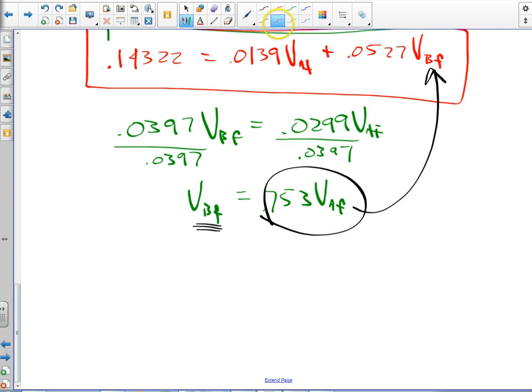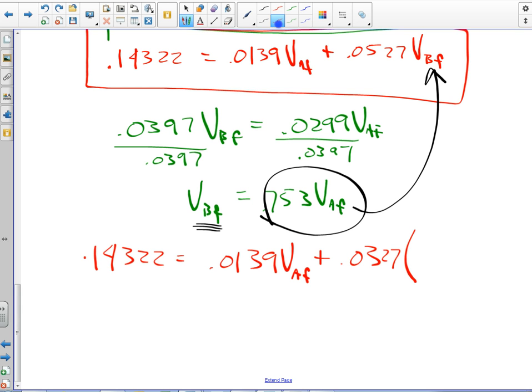So I'll have 0.14322 equals 0.0139 VA final plus 0.0327 times 0.753 VA final. So I just plugged in, since VB final was equal to this, I plugged that in for VB final.